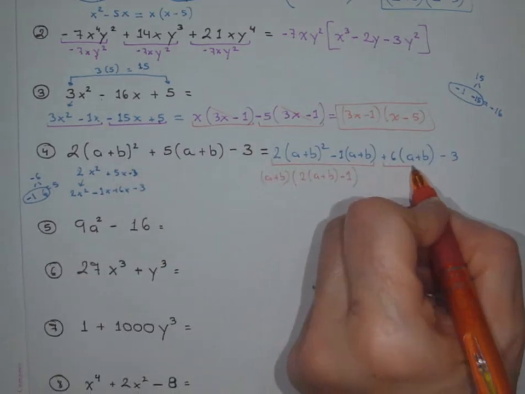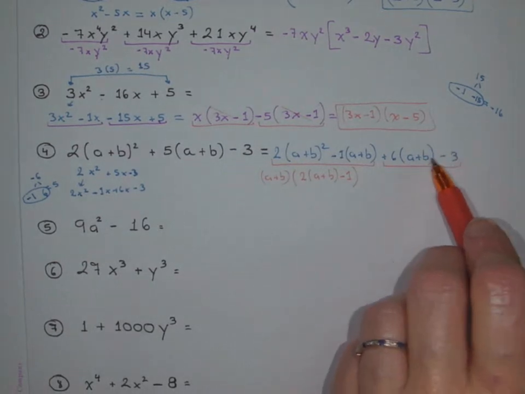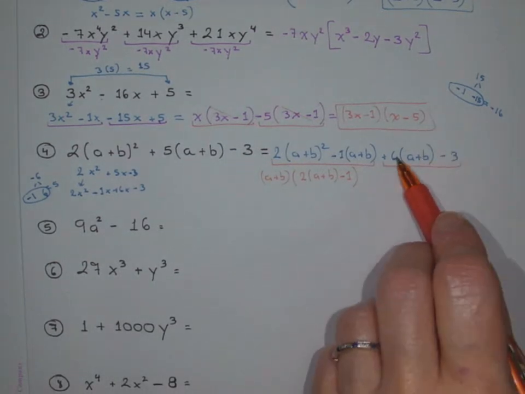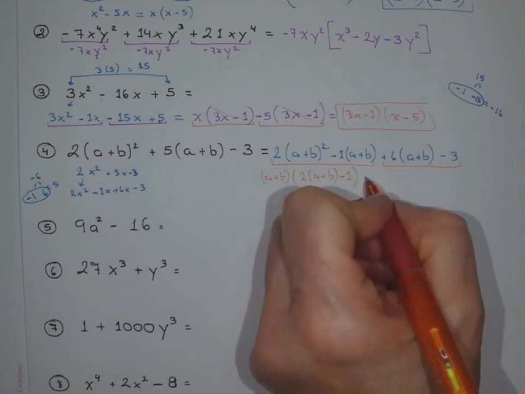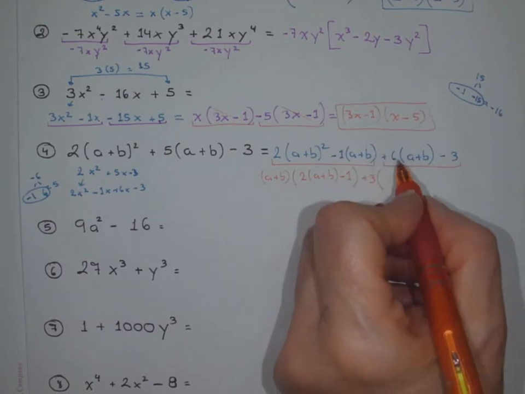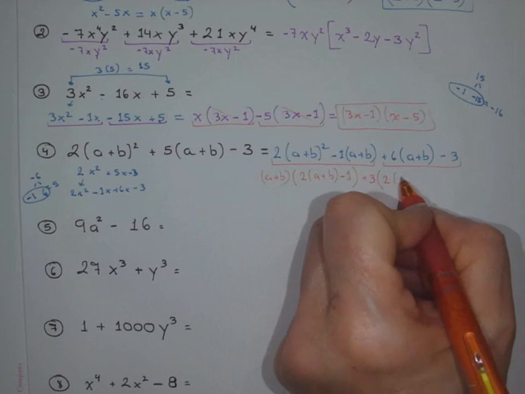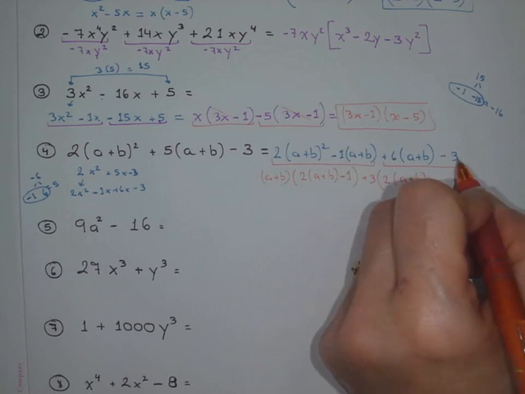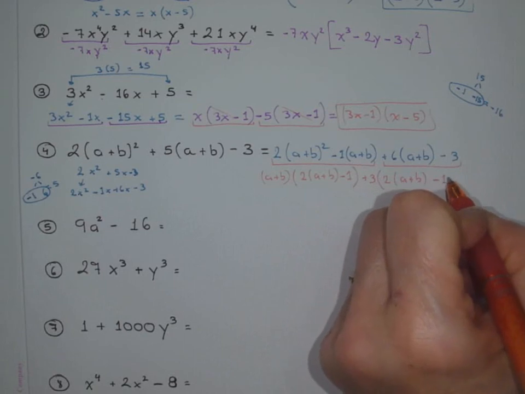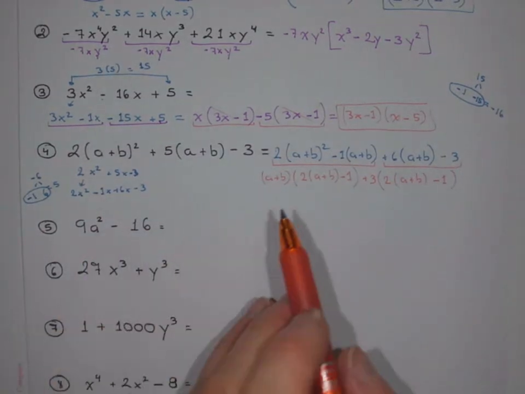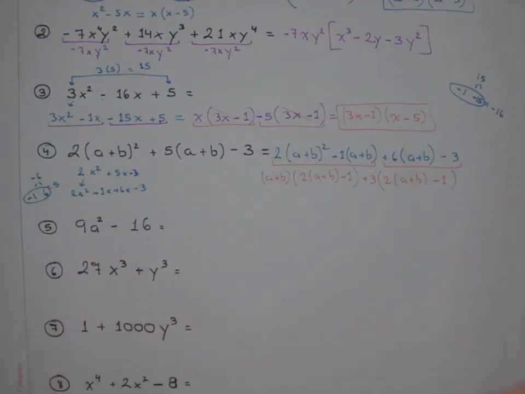And what do those two have in common? Well, they don't have an a plus b in common, but they at least have a 3 in common, so I take out a 3, so plus 3. What will be left over here will be 2 times a plus b, and then negative 3 divided by 3 will be minus 1. Okay? So we're going to keep simplifying here, right?